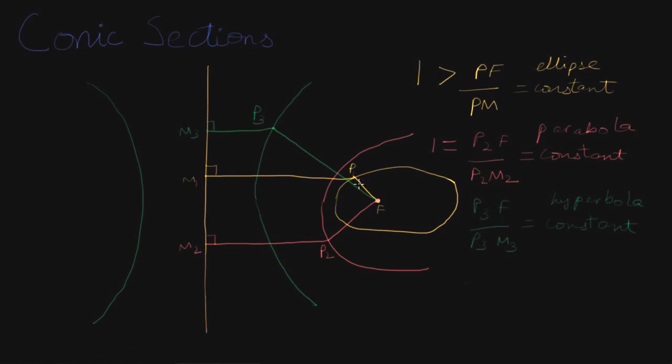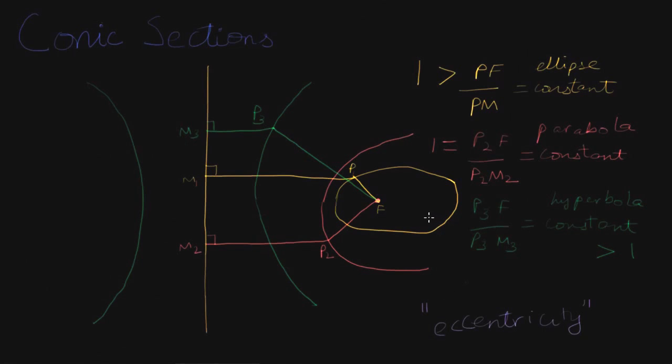As for the hyperbola constant, it's easy to see that this hyperbola constant is greater than 1 every time. These three constants, the ellipse constant, the parabola constant, the hyperbola constant, all come under one name: the eccentricity. The eccentricity of a curve.